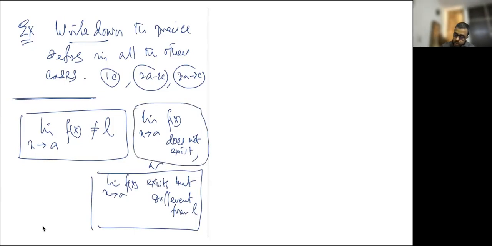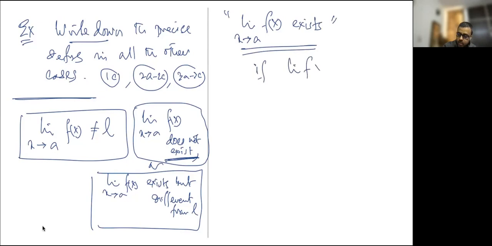Okay, since I've made this statement, I should first say what I mean by this. So if the limit exists, if it is equal to beta for some beta in R bar. So this is just terminology usage.